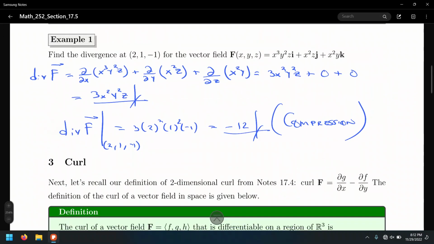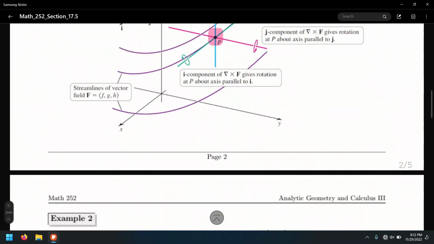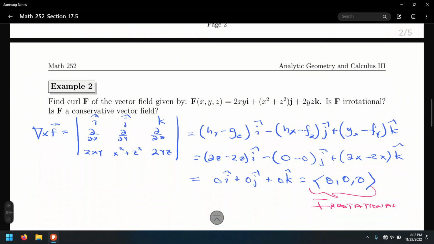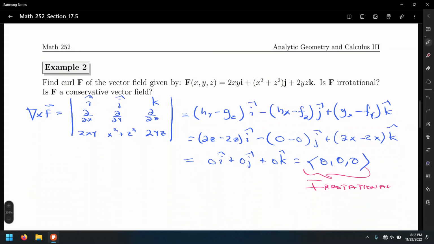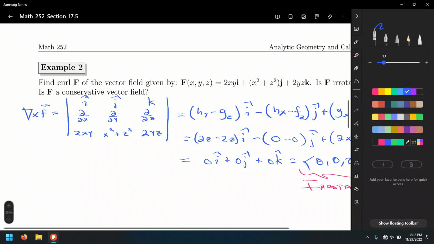An interesting pattern to look at is that essentially this h_y minus g_z, what did we get for that? Didn't we get a 0? That implies that h_y equals g_z. Isn't it one of the conditions for a conservative vector field?